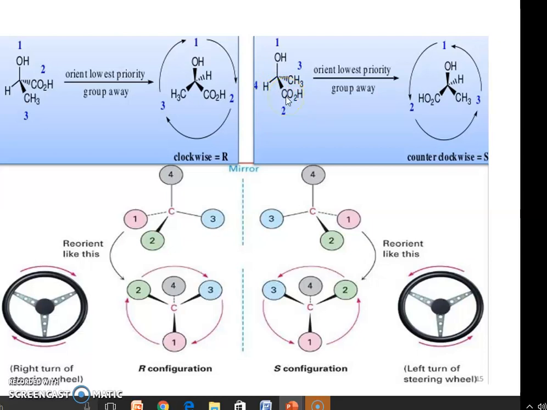In the second exchange, H will go here, CH3 will come here. So this is first, this is second, and this is third. Anti-clockwise is assigned as S. So this is how we can see R and S configuration depending upon their arrangement. You can see the right turn of the wheel, and this is the left.